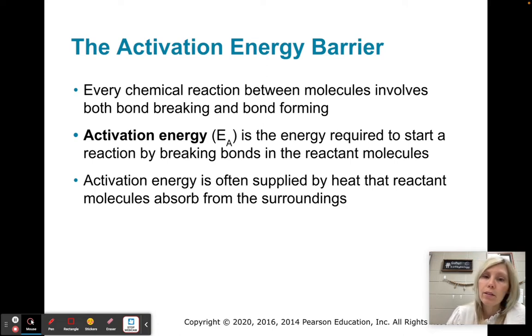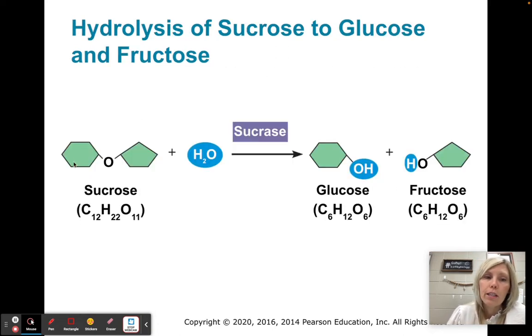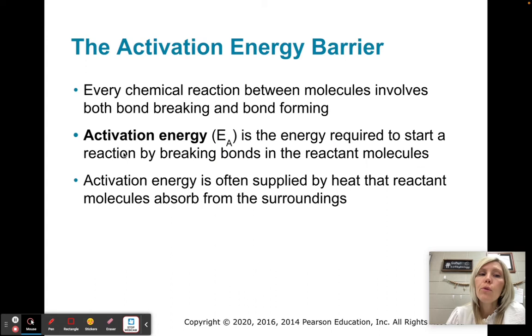So if we went back to the picture before, the energy needed to initially break the bonds between sucrose, or between these monomers that are bonded together, the amount of energy required to do that would be referred to as activation energy.